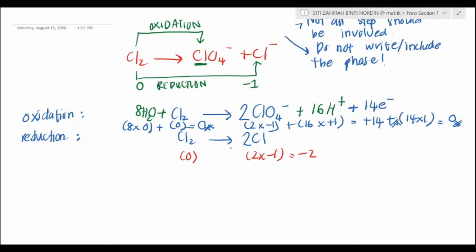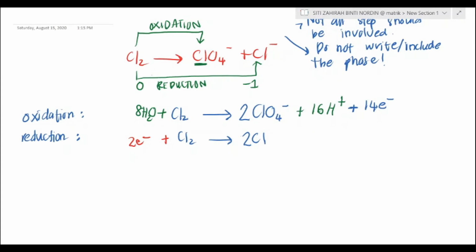So this half equation of reduction is quite simple. Which side has a higher charge? It would be the reactant side, because it has 0 total charge. So for 0 to become -2, you need to add 2 electrons.